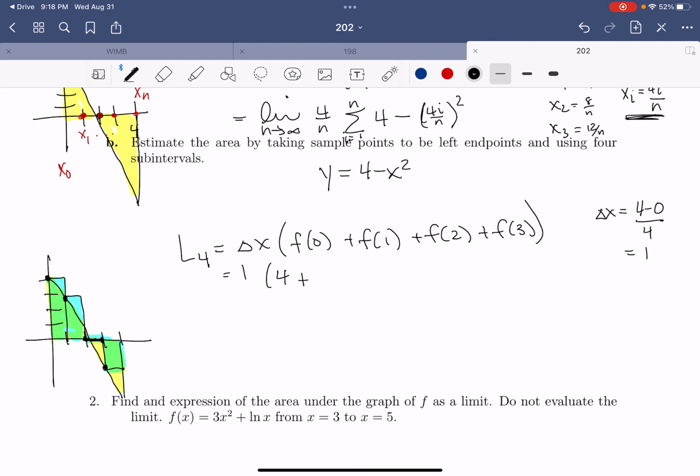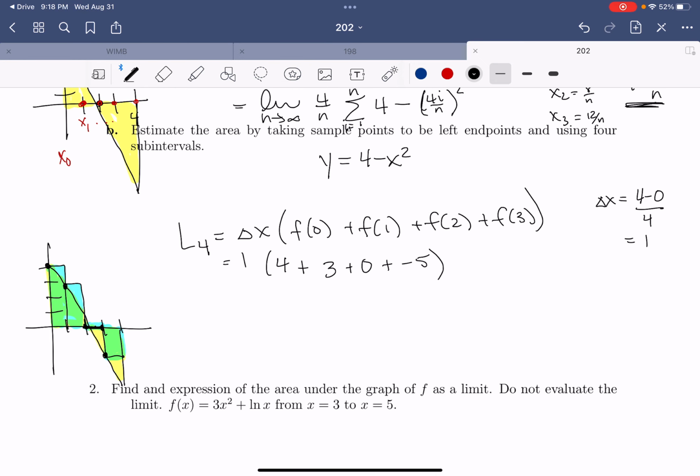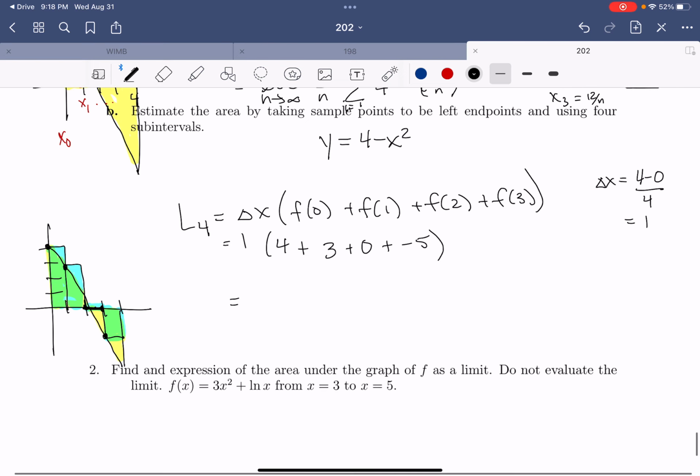When you plug in 1, you get 3. When you plug in 2, you get 0. And when you plug in 3, you get -5. Right? Because 4 minus 9 would give us -5. And when you add that up, 7 minus 5 gives us 2 as our area. Okay. Perfect.